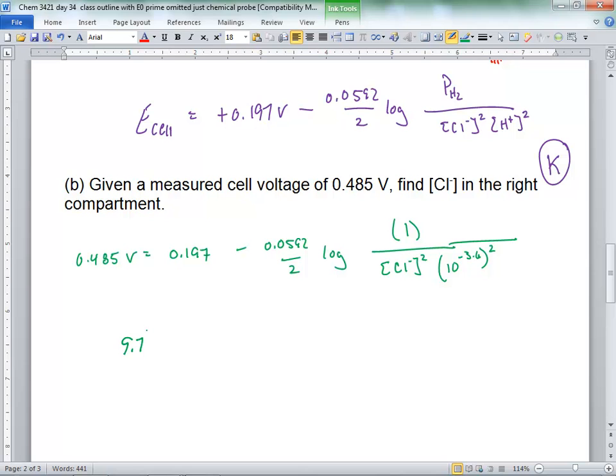How do you get the hydrogen ion concentration? Just starting with the pH.